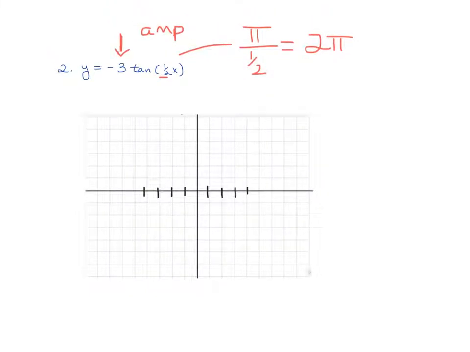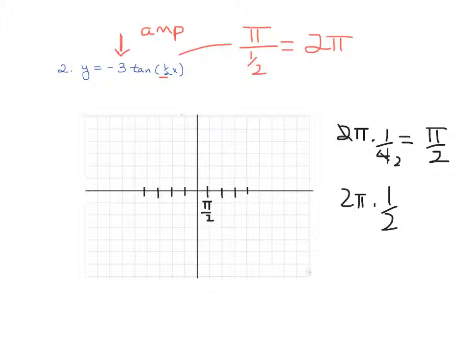So let's go ahead and try that. So 2 pi times 1/4 gives me, simplify, pi over 2. 2 pi times 1/2 gives me pi. 2 pi times 3/4 gives me 3 pi over 2.